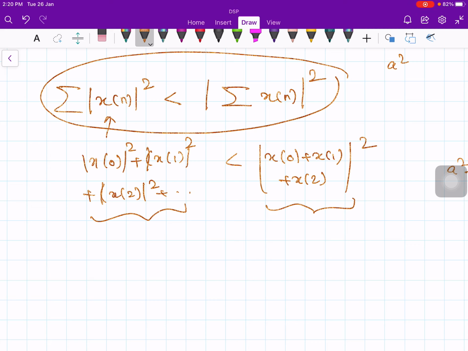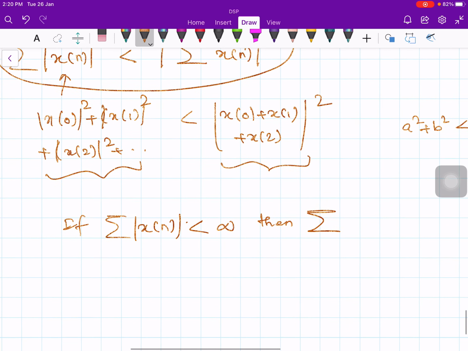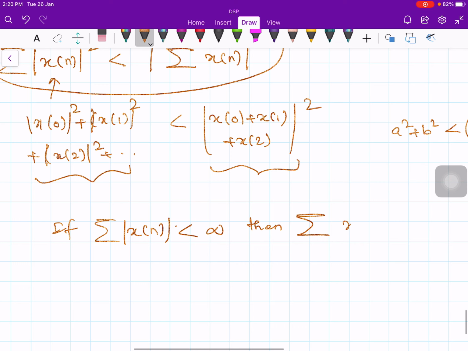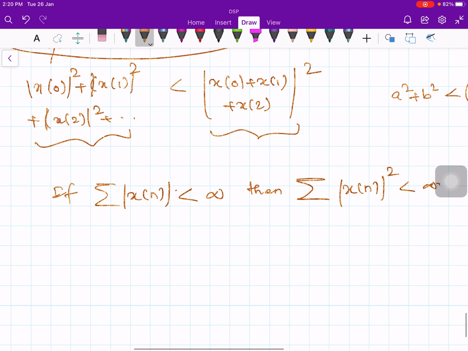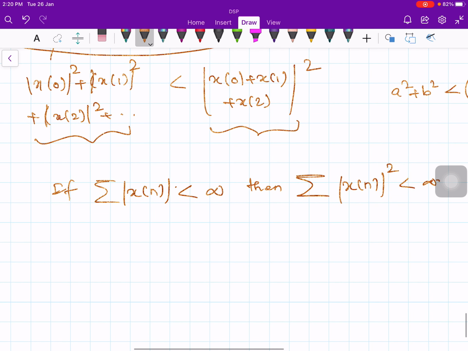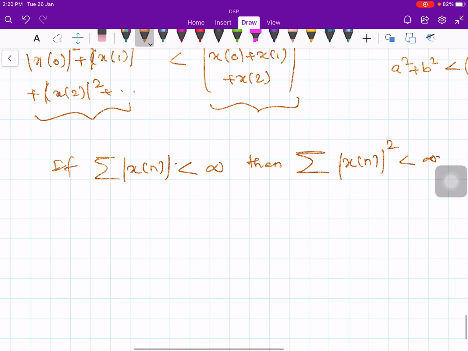If the summation of mod of x of n is less than infinity, that means absolute summability, then the energy is less than infinity. So an absolutely summable sequence is also square summable.